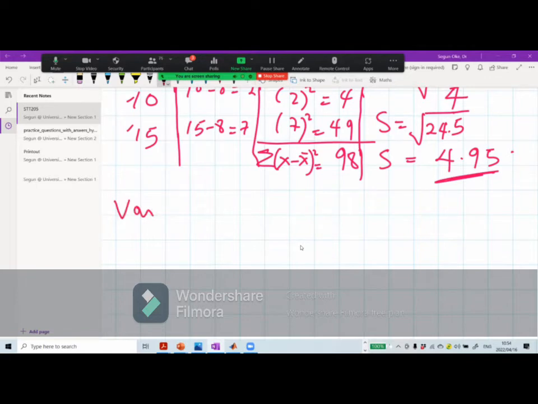Okay, variance. Let's do the variance. The variance for this is s squared, which is the summation of x minus x bar squared over n minus 1. Let me write it very well so that some people will not crucify me.